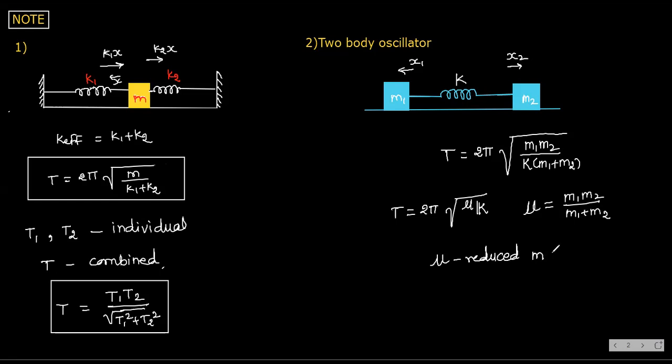What we are calling it as a reduced mass. Understood? So these are the note points. Some more note points are there.